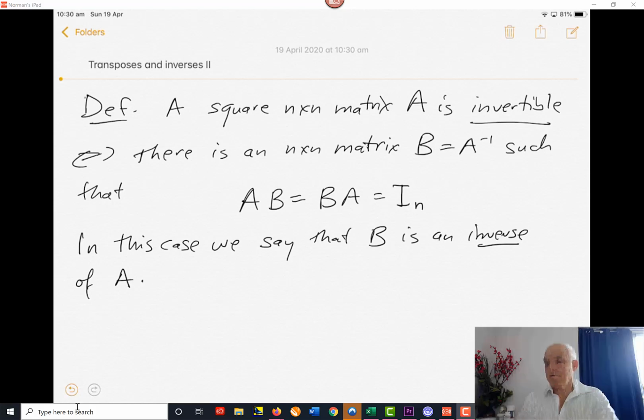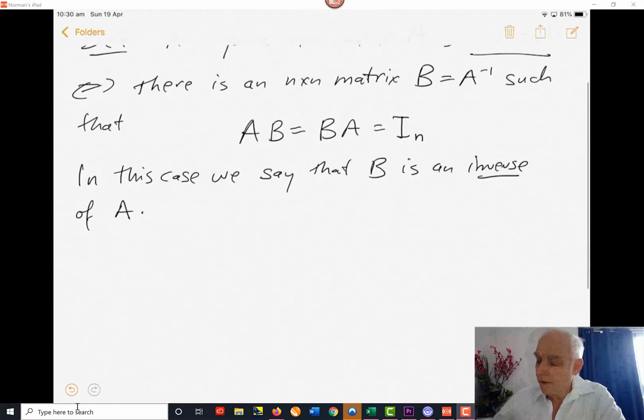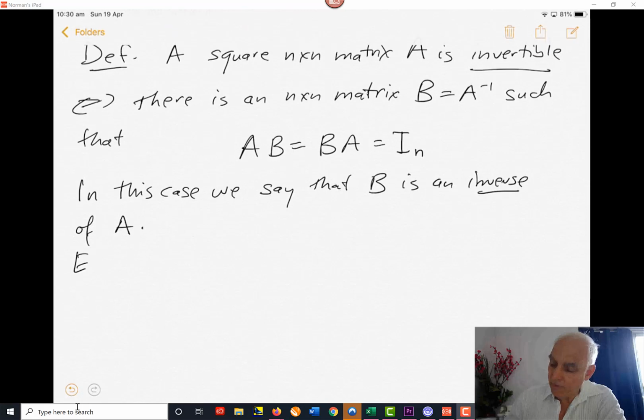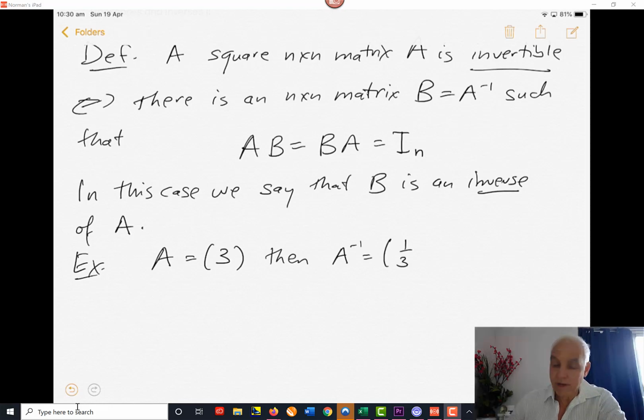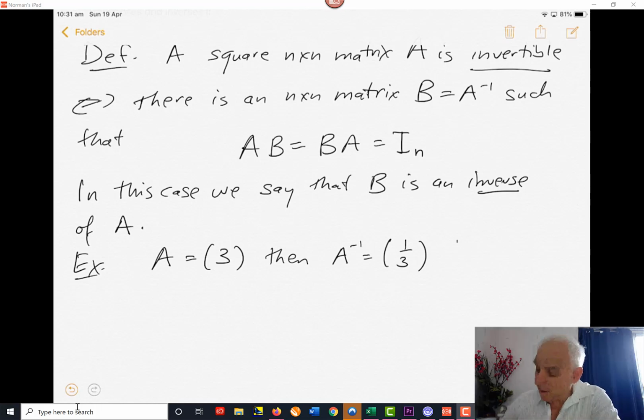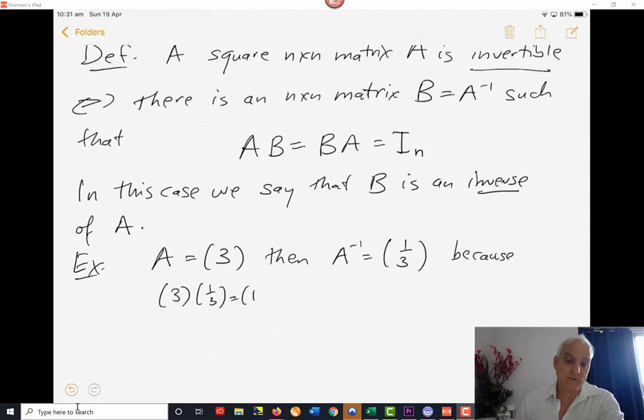Okay, so let's do an example or two. For example, suppose that A is the 1 by 1 matrix with element 3. That's pretty simple. Then A inverse is the 1 by 1 matrix with element 1/3. That's because if we multiply them in this order, we get the identity matrix, which is the matrix with just a 1.